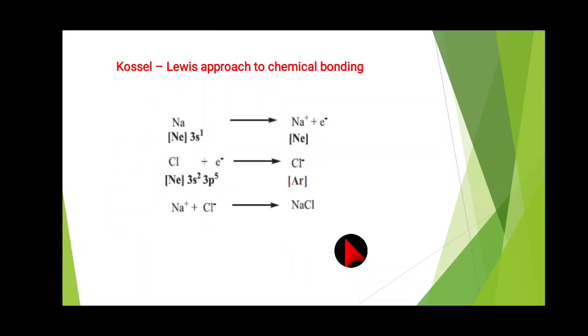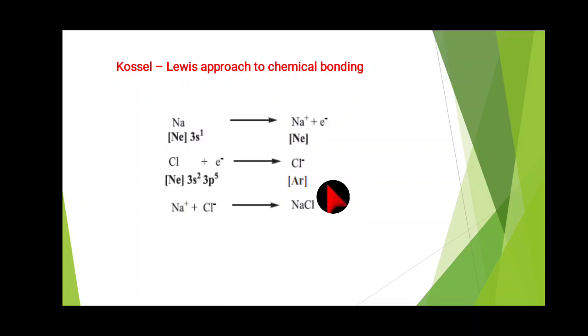For example, sodium loses one electron to form the neon configuration. So sodium turns to Na+ ion. It shows neon electronic configuration. And chlorine accepts one electron to give argon electronic configuration. The noble gas is argon, right?